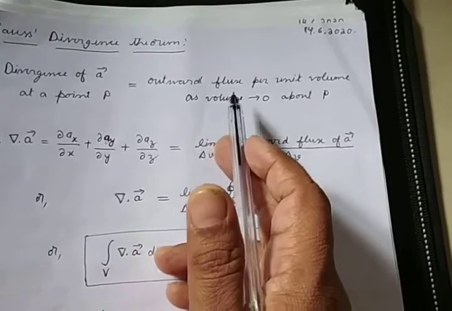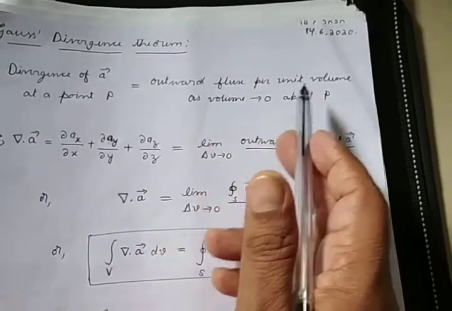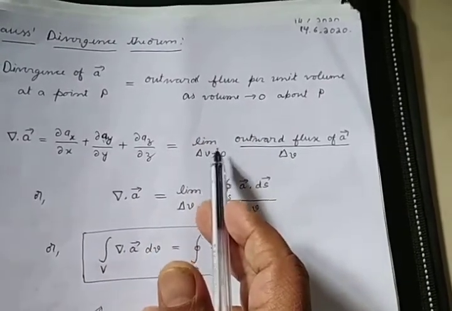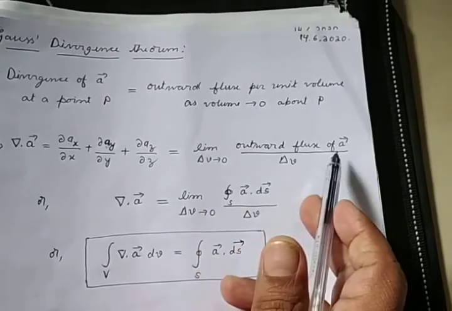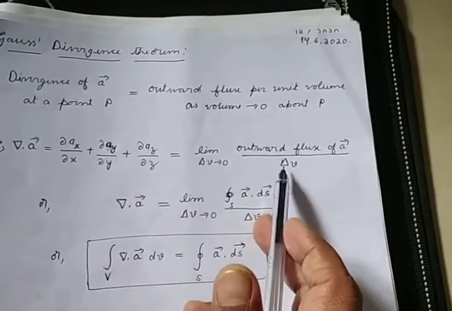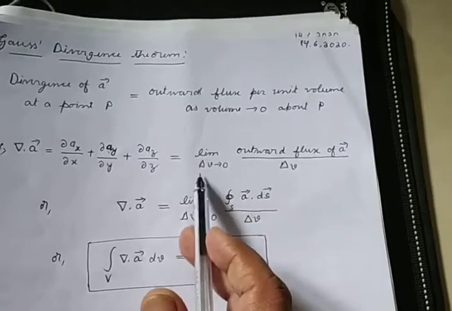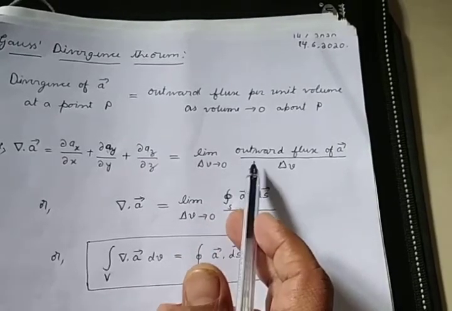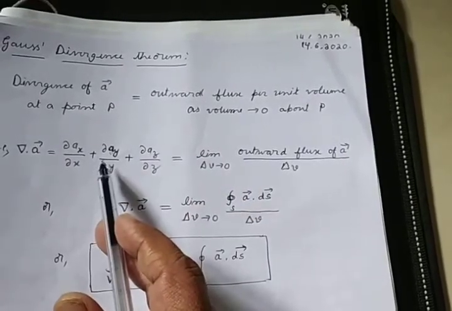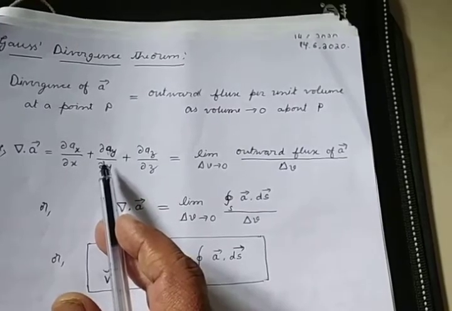Now according to this definition, outward flux per unit volume, you can write as the limit of outward flux of A bar by volume delta V as delta V tends to 0. So this is equal to this definition of divergence, del dot A bar.